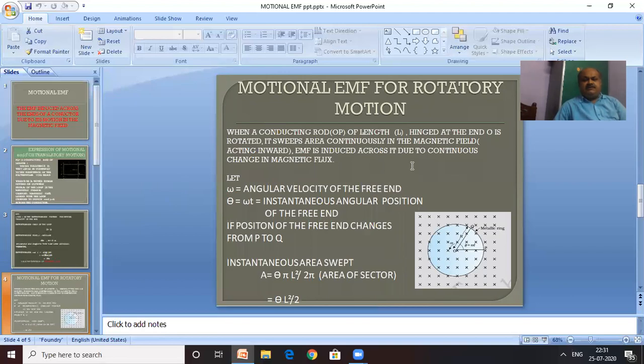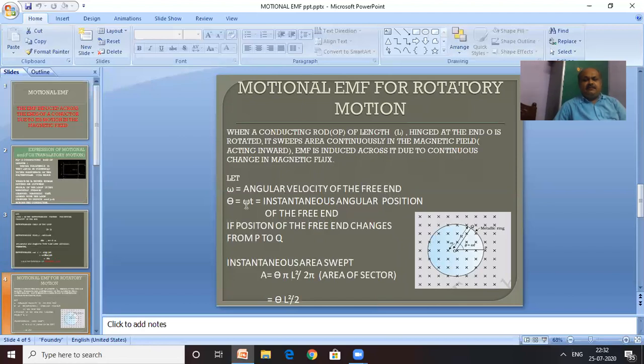EMF is induced across it due to continuous change in magnetic flux. Since the area swept by the conducting rod changes continuously in the magnetic field, it changes the magnetic flux linked with this area. Let omega be the angular velocity of the free end.